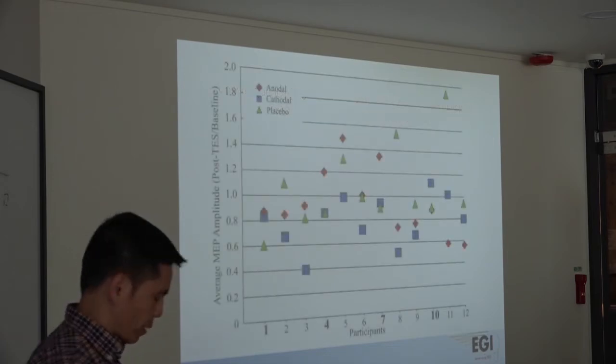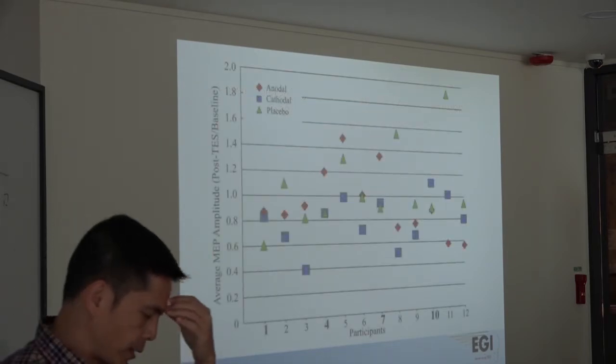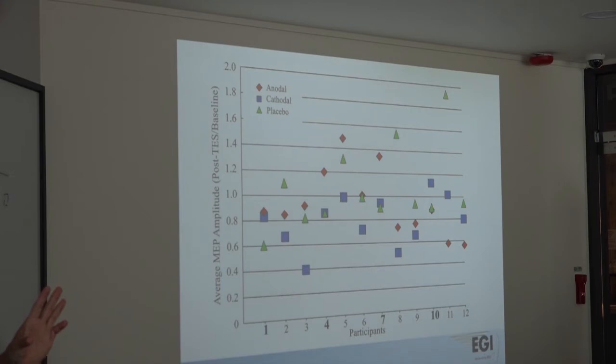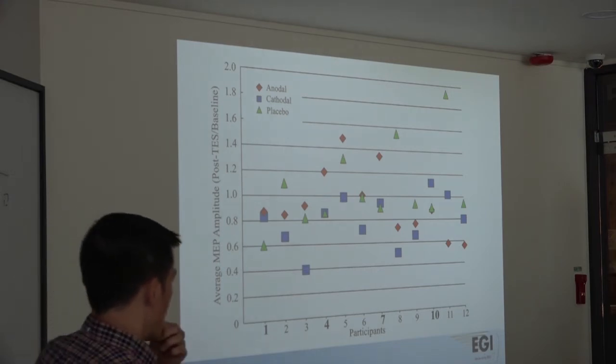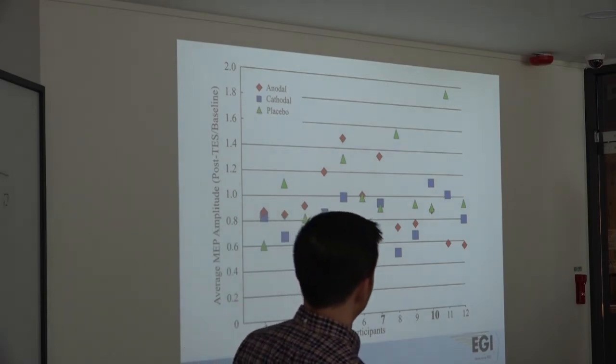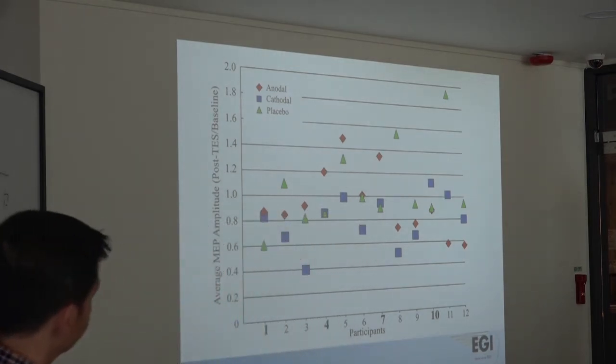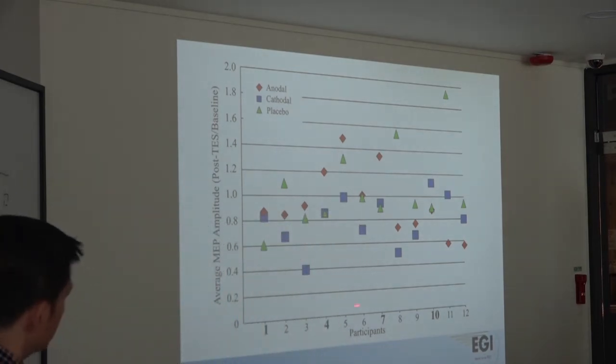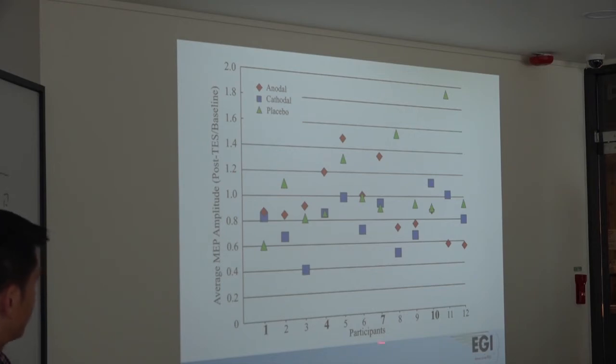So how consistent are these responses? So I showed you the average, or the grand average response. Our hypothesis is it should be a lot more consistent, right? So here are the participants, okay? 12 of them, anodal, cathodal, placebo, and this is again change in baseline.